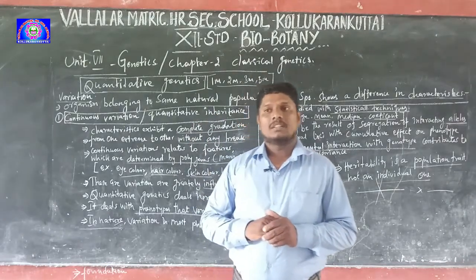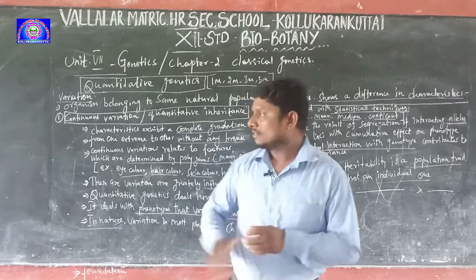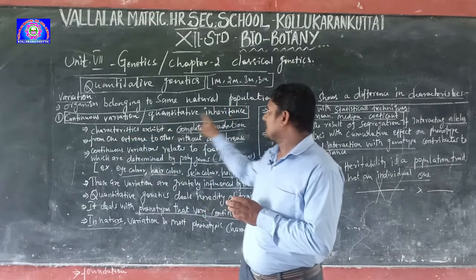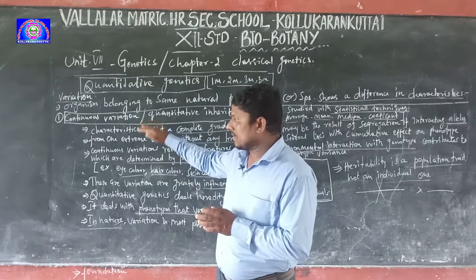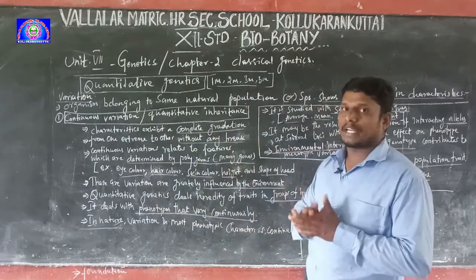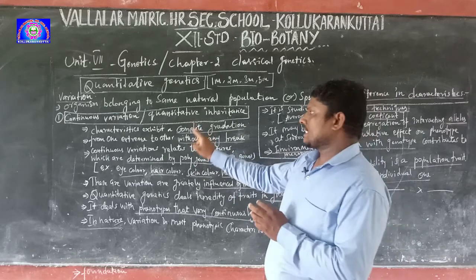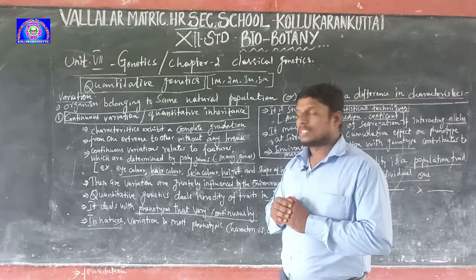First of all, the first type of variation is continuous variation, or quantitative inheritance. This type of variation is described by a few points. First point: characteristics exhibit a complete gradation.